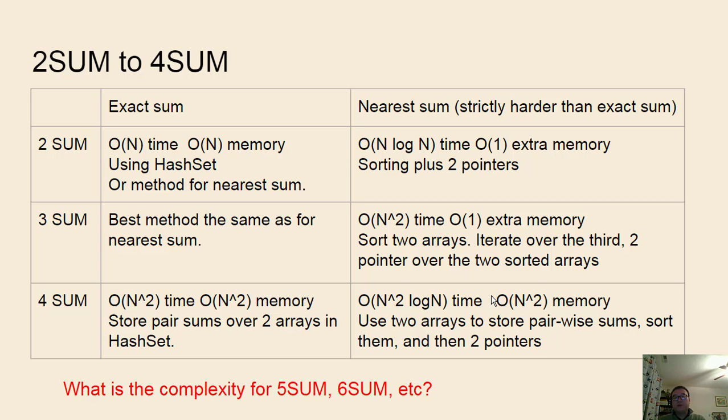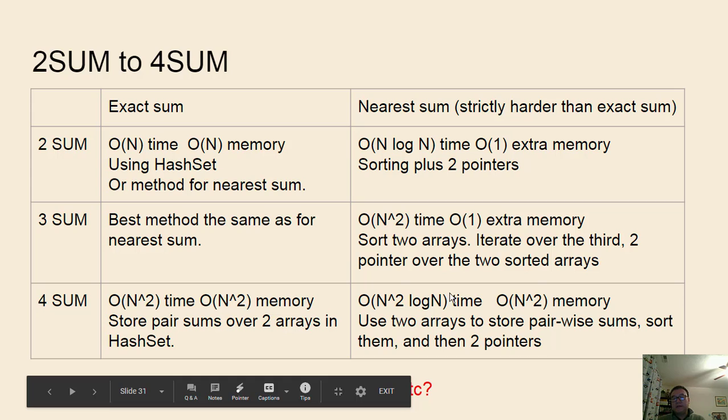Another is we only pre-compute the sum of all elements in say C and D, and then we sort that array, and then for every element in A and every element in B, once we know a target, we are trying to find the target in a sorted array. We can use binary search. So we only need to store half of the partial results, and then we use binary search. That's also big O n squared log n time.